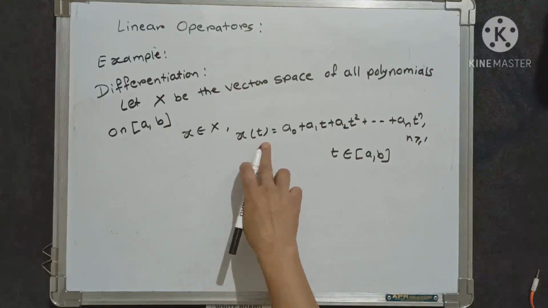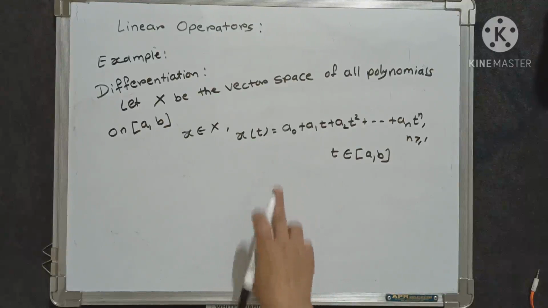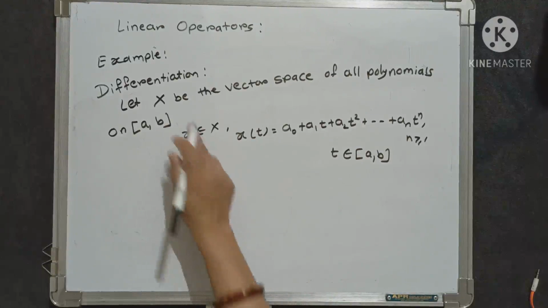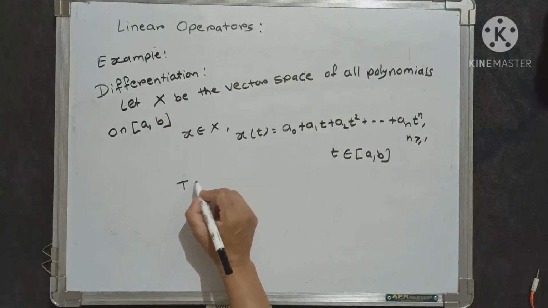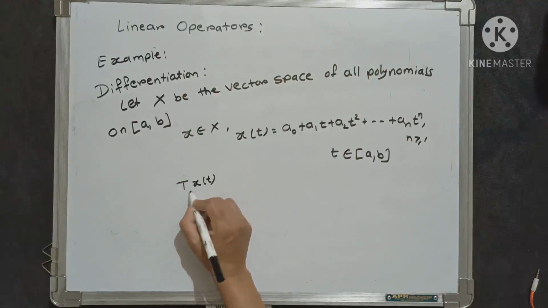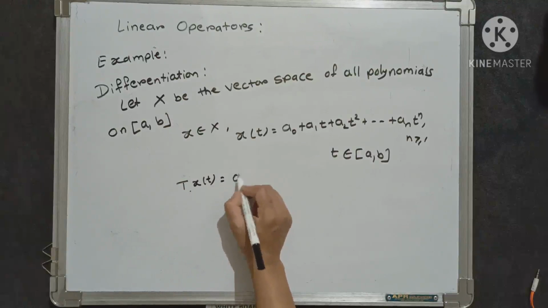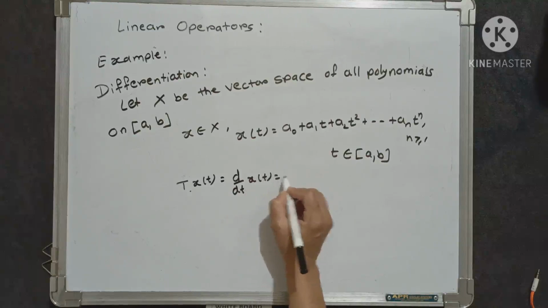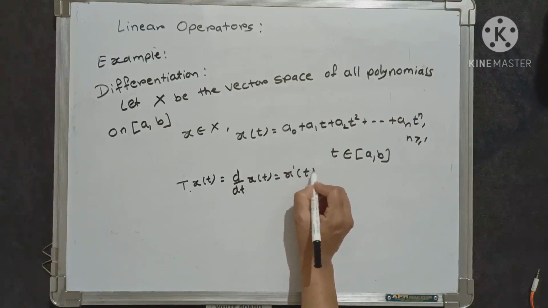Now as it is a polynomial and every polynomial is differentiable, we define the operator T on capital X like this: T of x equals d by dt of x of t, and that equals x prime of t.